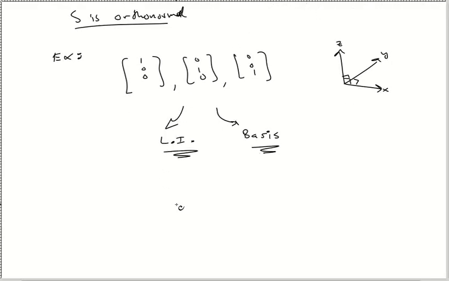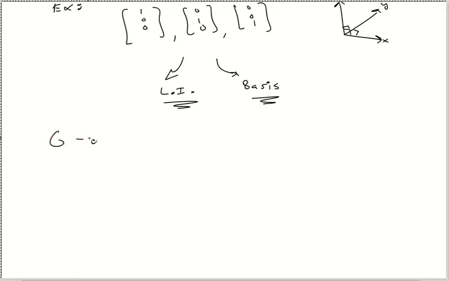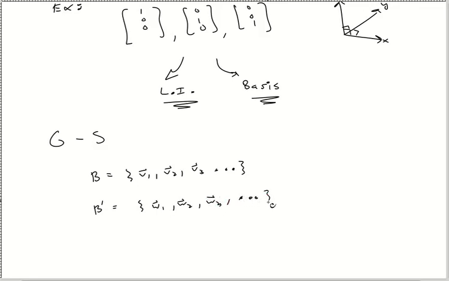Okay, let's do this Gram-Schmidt process. I'm going to show you the formula, and then I'm just going to do Gram-Schmidt, if that's okay. This is pretty long. What's going on is that we're trying to make an orthonormal basis given that we have an original basis B. So I've got v1, v2, v3, and so on and so forth. And then I want my B prime to be w1, w2, w3, and so on.